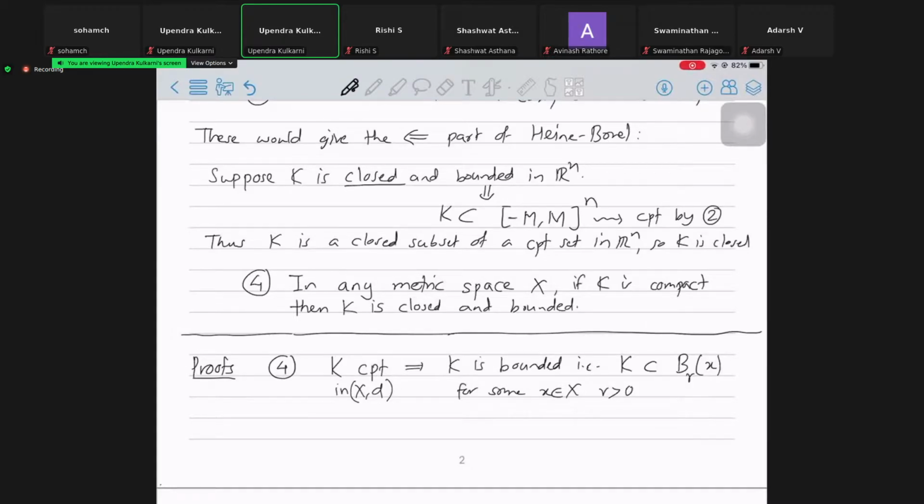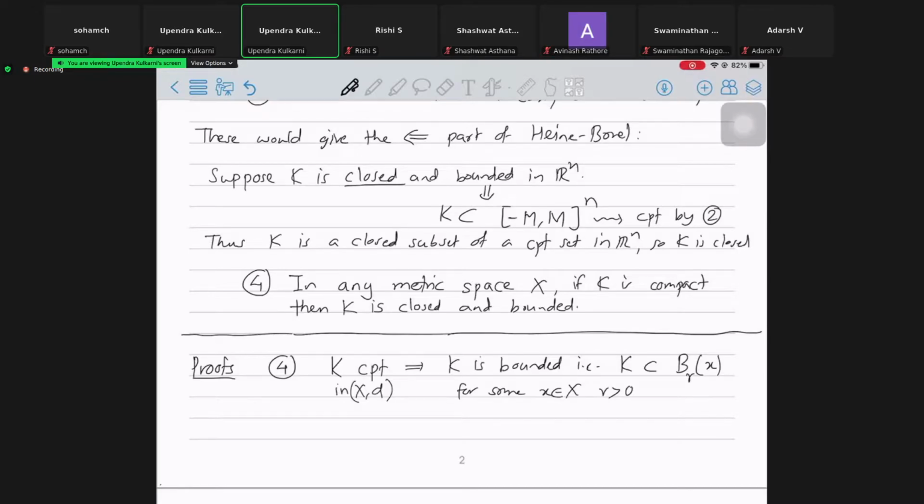So where am I going to get this ball? I want to use compactness. That means that I probably should take some open cover. Which open cover can I take? Yeah, we can take the same center but with increasing radius. So that's an open cover. This is a very simple idea, but you should see it once.